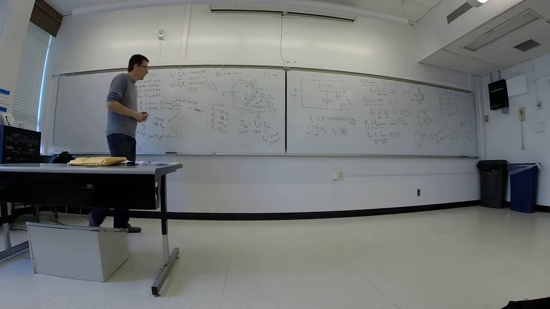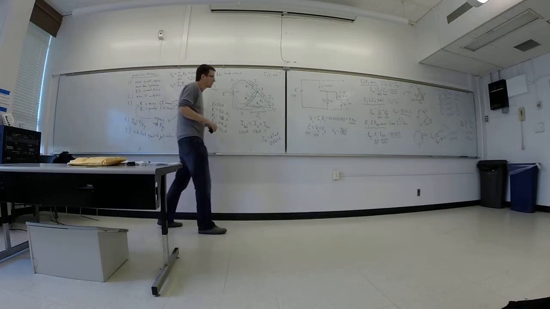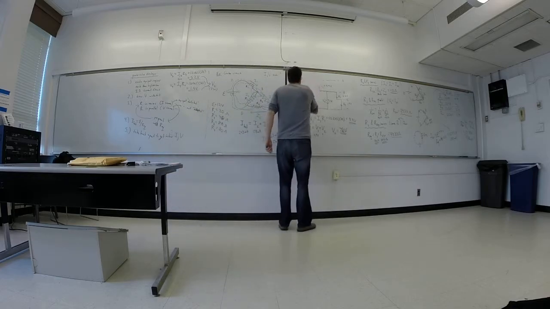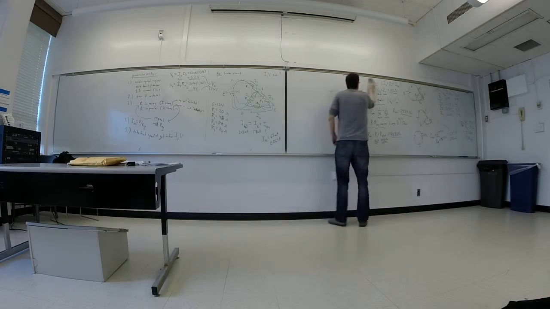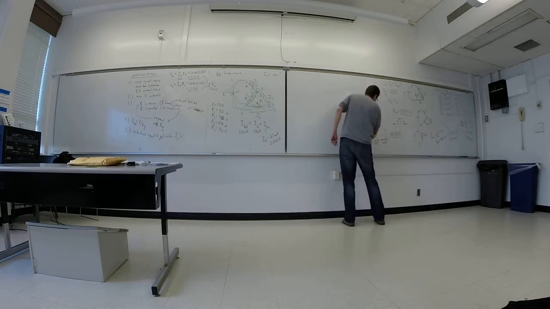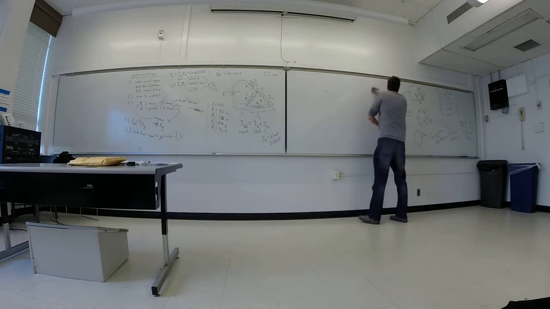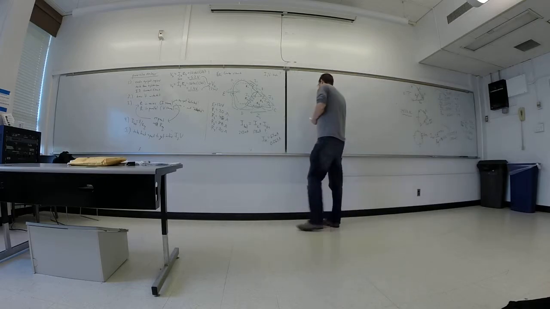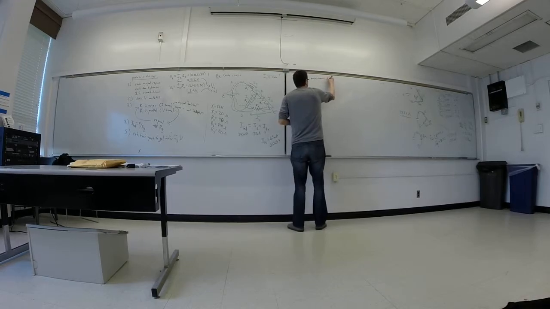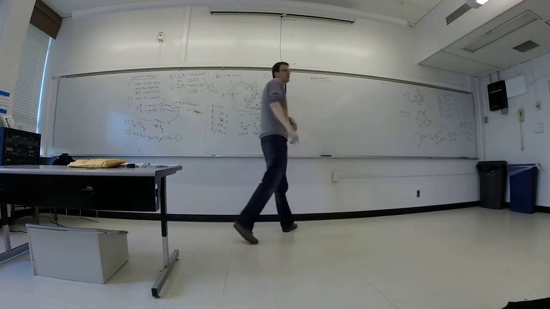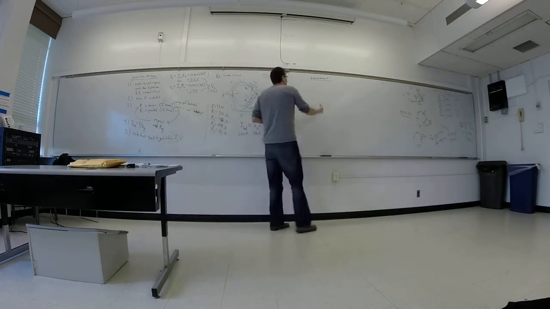Okay, so just a little bit of cleanup on homework number 3. I want to talk a little bit about measurement devices. I think the easiest one to start with is a device called an ammeter.